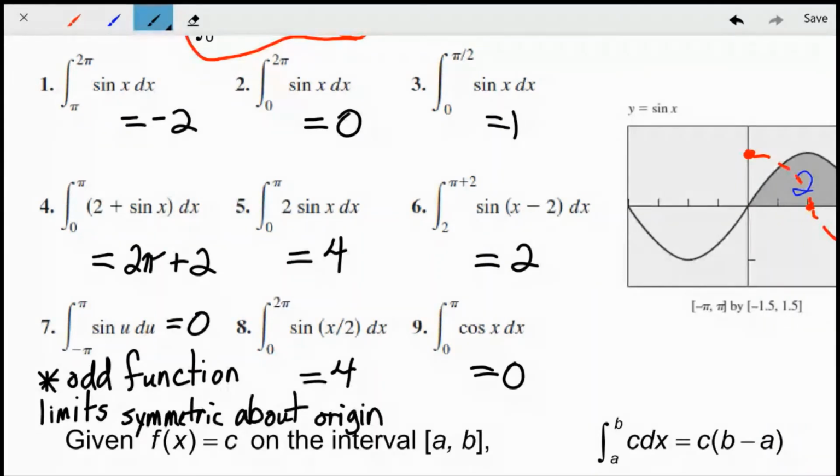If it's an odd function with limits symmetric about the origin, you're always going to have equal area below the x-axis and above the x-axis, so it'll always make 0.